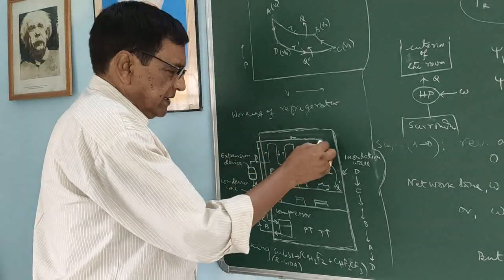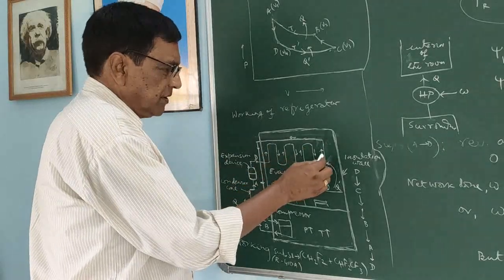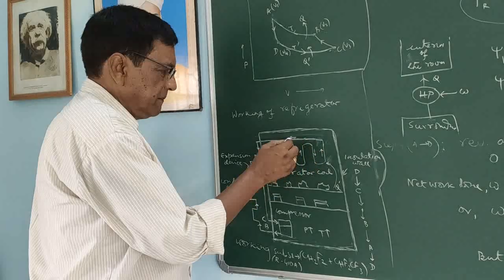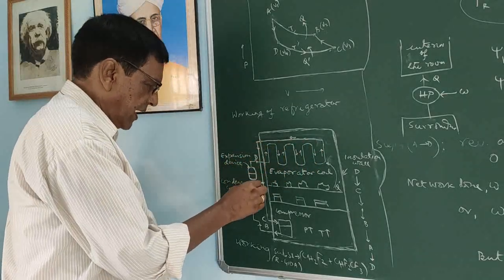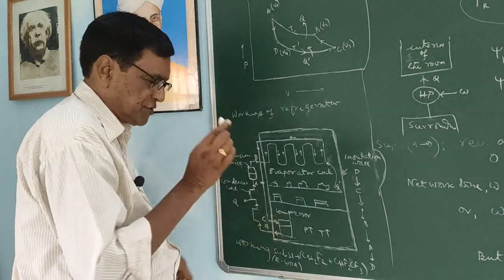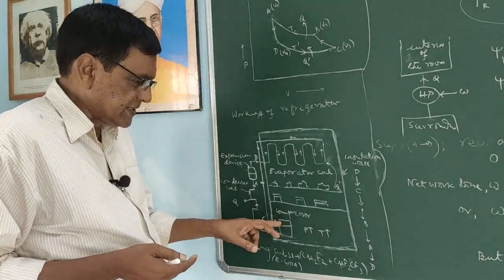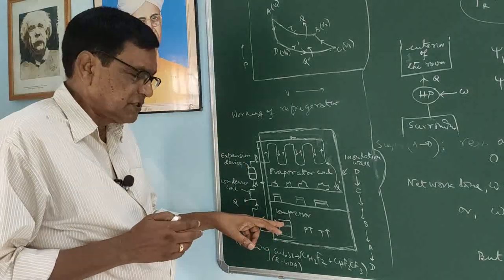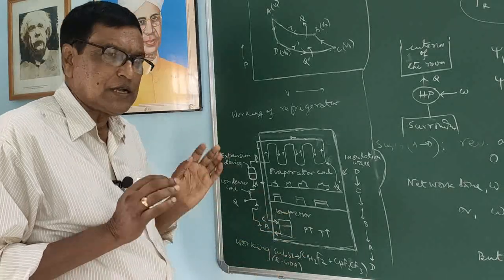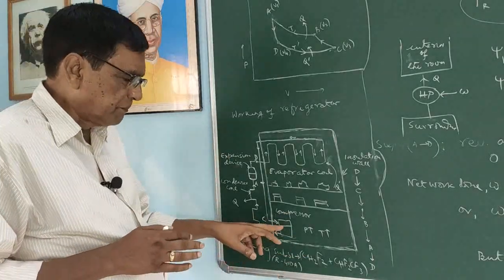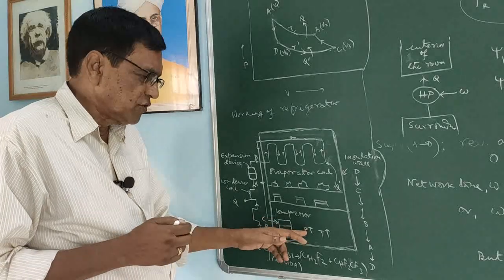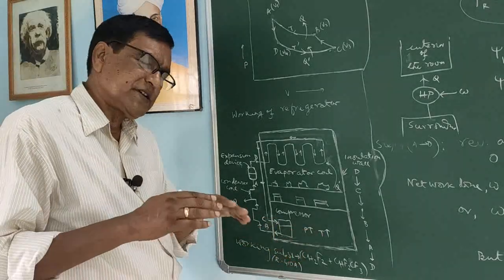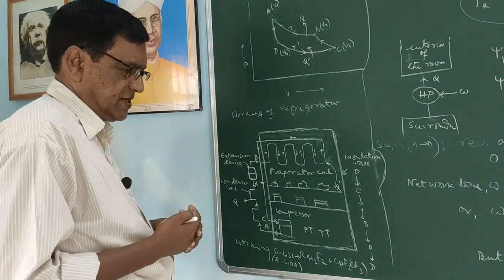So here this liquid now becomes vapor, and the vapor comes directly to the compression. This is adiabatic compression of the vapor of this working substance. By the adiabatic compression, pressure is increased and temperature is also increased.